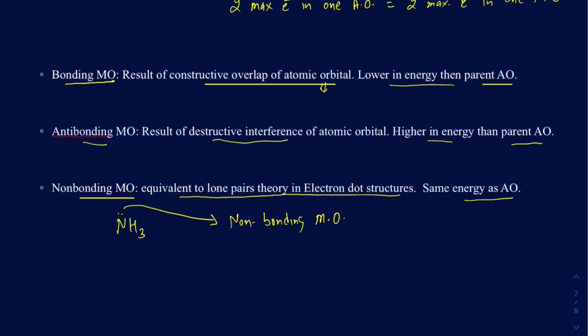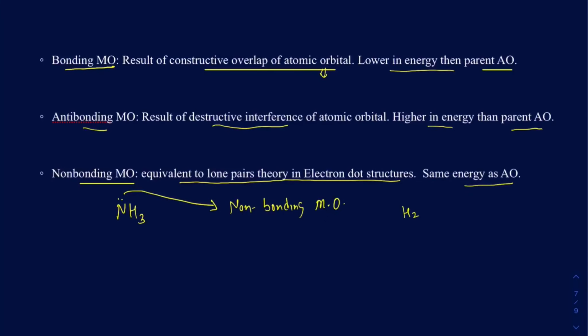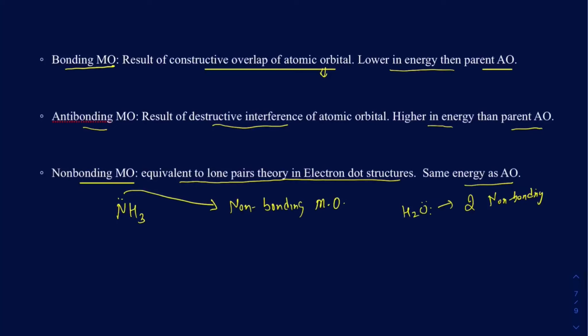So there is one non-bonding molecular orbital when you're looking at the MO diagram for NH3. And then if I talk about H2O, in water you have 2 lone pairs, so you can literally say that there are going to be 2 non-bonding molecular orbitals in water.